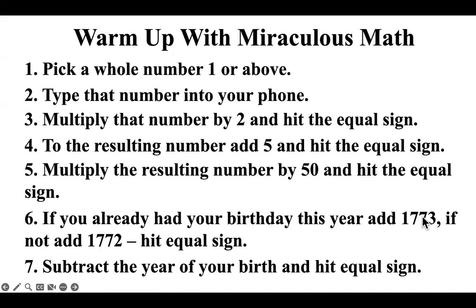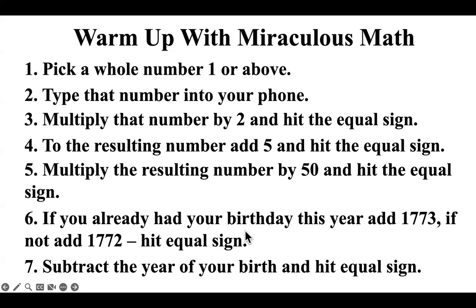So this is kind of what I've been thinking about. And if you haven't had your birthday yet, you would add 1749 to the last 2 digits of the year. And so you can see then for 2023, we have 1773. For 2024, it'll be 1774, and this will be 1773.